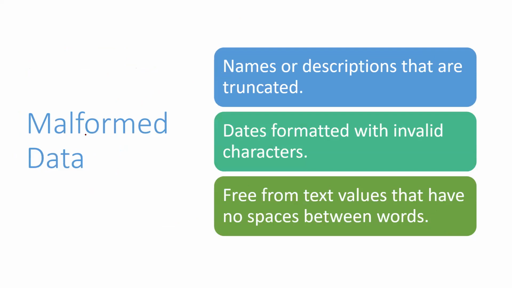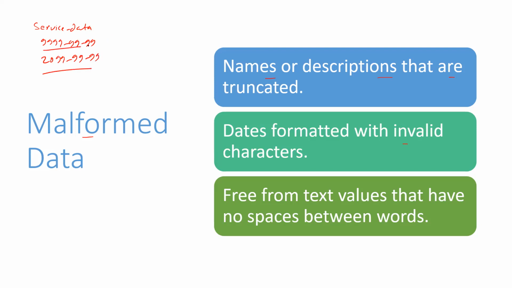Malformed data means, for example, that names or descriptions are truncated, or the date format is invalid. Suppose for the service date you can have 9999 or a future date, or something like 1999.